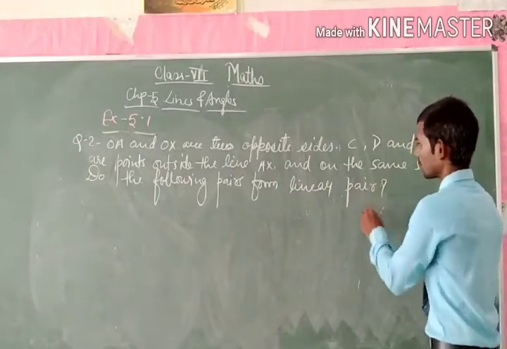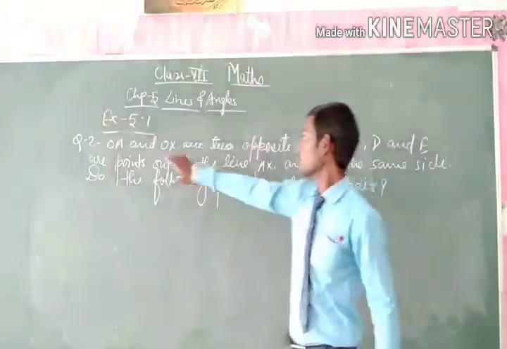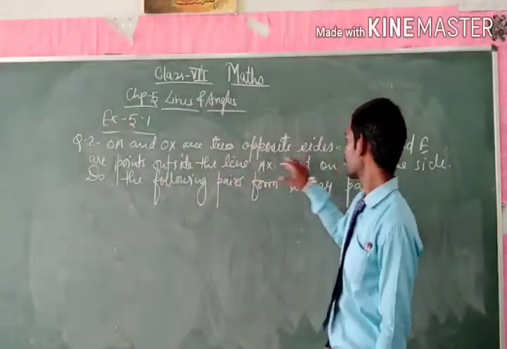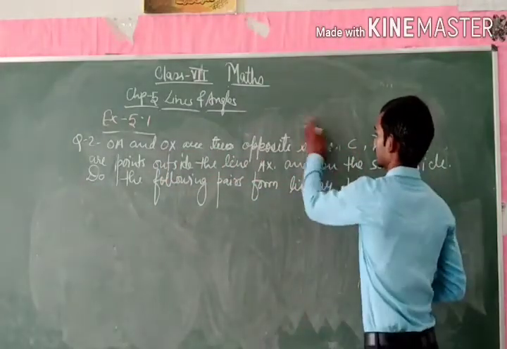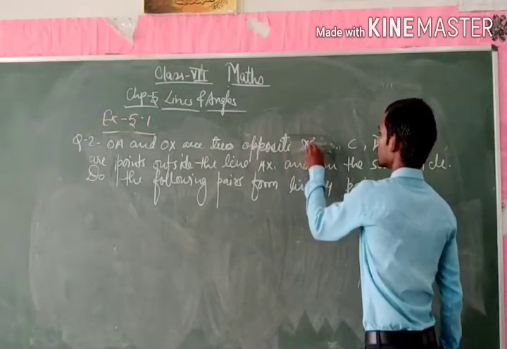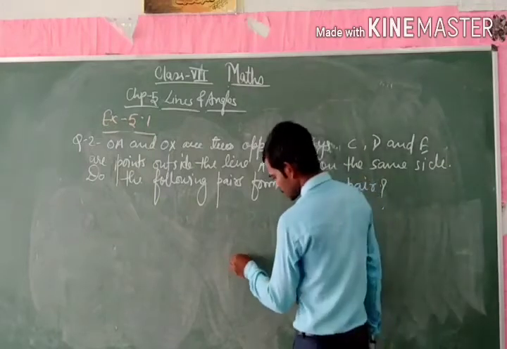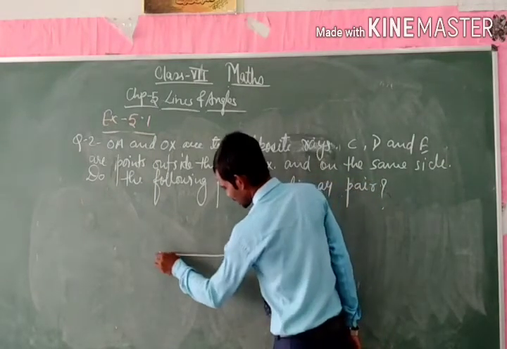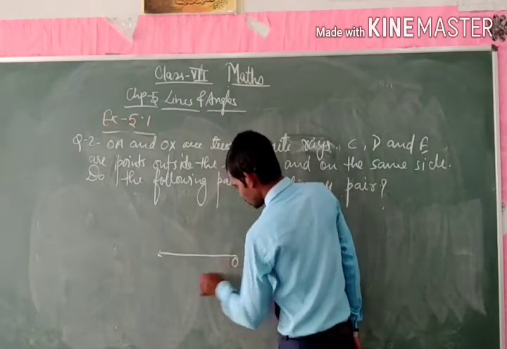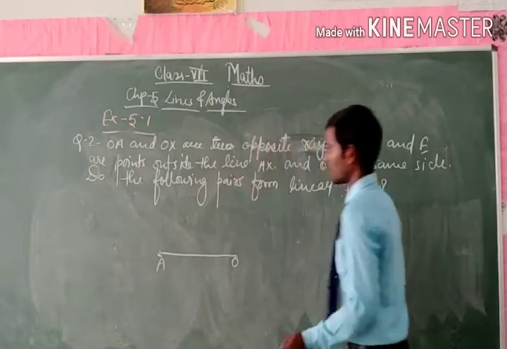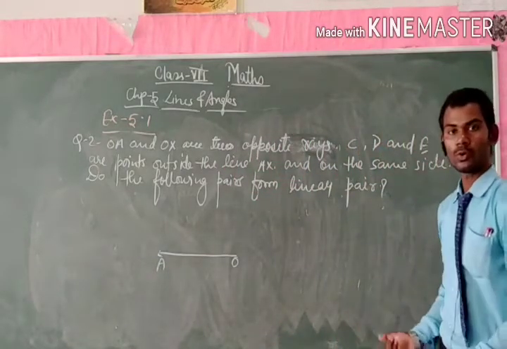Okay. Now the question is, OA and OX are two opposite rays. So let us draw. This is a ray OA and OX is opposite to OA.